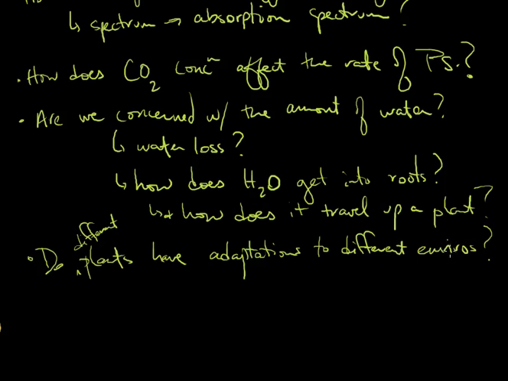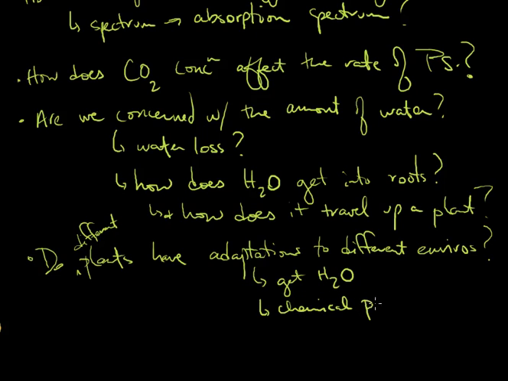It's not the same everywhere on Earth. But we have plants in a lot of these places. So what's different about them? Things to look into, and I expect you to be able to do this, are adaptations of how plants get water, because they might have different ways of getting water.